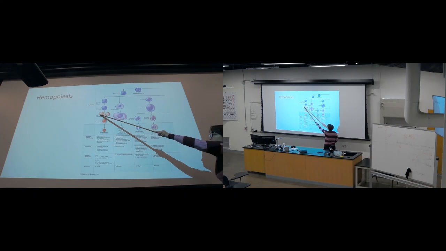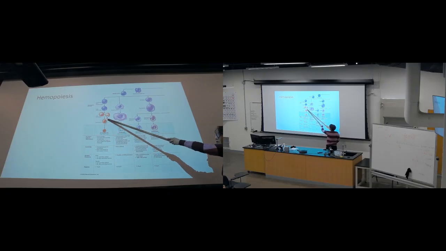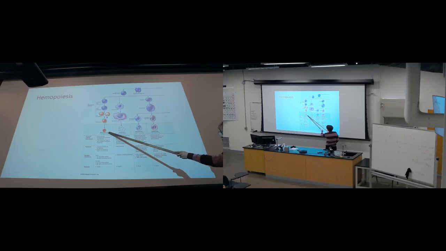So you just create hemoglobin and put it in the cytoplasm, and in the late erythroblast, you eject the nucleus, and then you form a reticulocyte, or a young red blood cell, and then a mature red blood cell. This process takes around 7 days to happen.